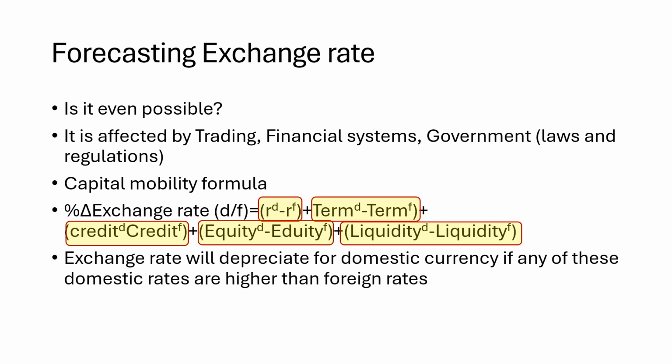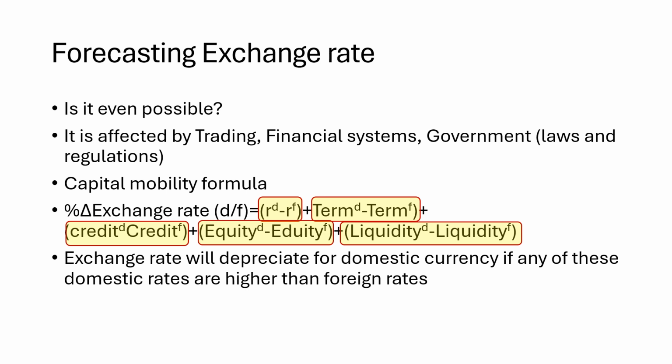So, for example, if the real risk-free rate is higher in the domestic market, then the currency will depreciate. So it is better to invest in the local market. The same thing with all these risk premiums. If the term premium is higher in the domestic currency, then the domestic currency will depreciate. If the equity premium is higher in the domestic currency, then the domestic currency will depreciate.